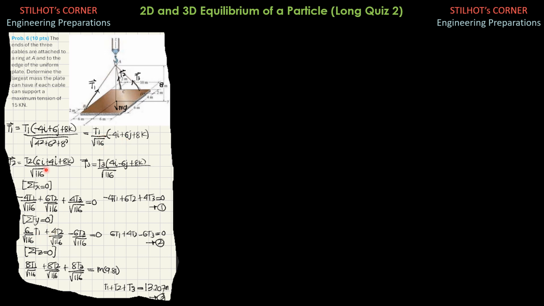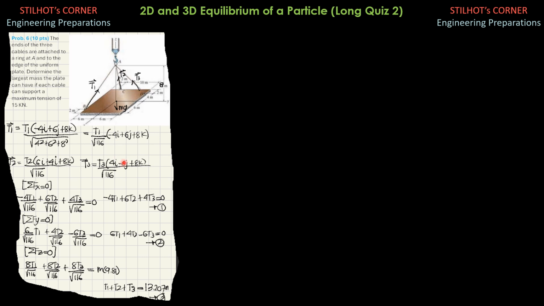For T2, it is 4 over square root of 116. For T3, it is negative 6 T3 over square root of 116 equals 0. So again, cancel square root of 116. Then we have 6T1 plus 4T2 minus 6T3 equals 0. Call that equation 2. Finally, summation of forces along z equals 0.